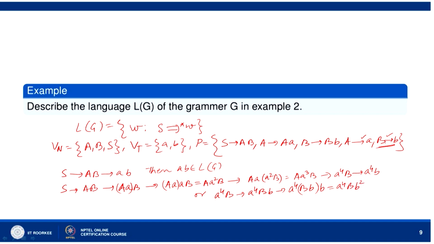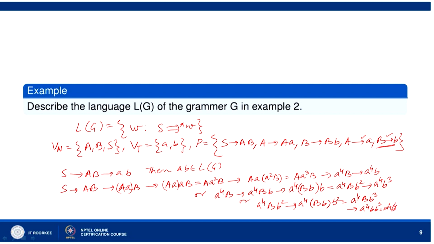If I replace B by using the production rule B goes to b, I will get a^4 b cube. I can also continue further, and from here a^4 bB square goes to a^4 bbB square, and I will get a^4 bb cube. Now, if I use B goes to b, I will get a^4 b^4.